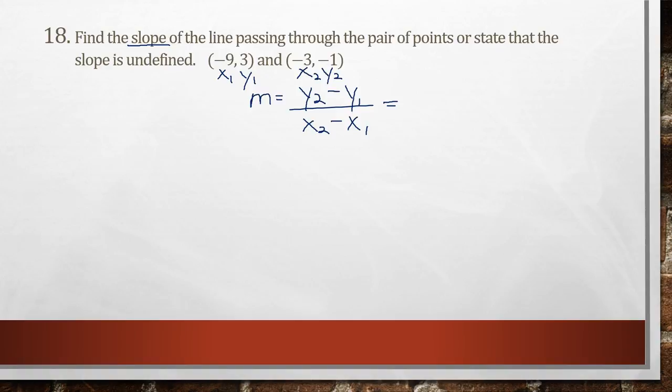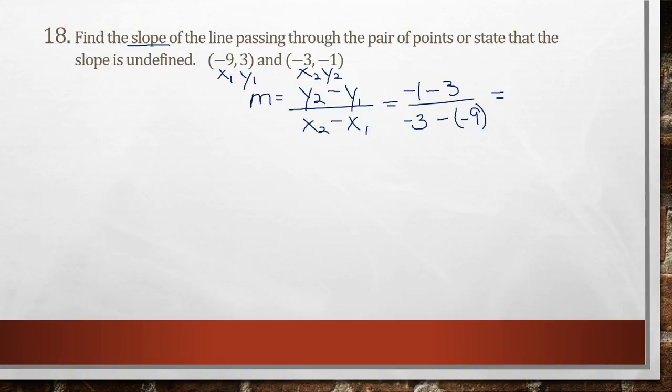So now I'm just going to plug in my values, starting with y2. y2 is -1. Then from the formula I have a negative, and then y1, so my y1 is 3. Over x2, my x2 is -3, and then from the formula minus, and then my x1 is -9. So now I'm going to solve the top and the bottom individually.